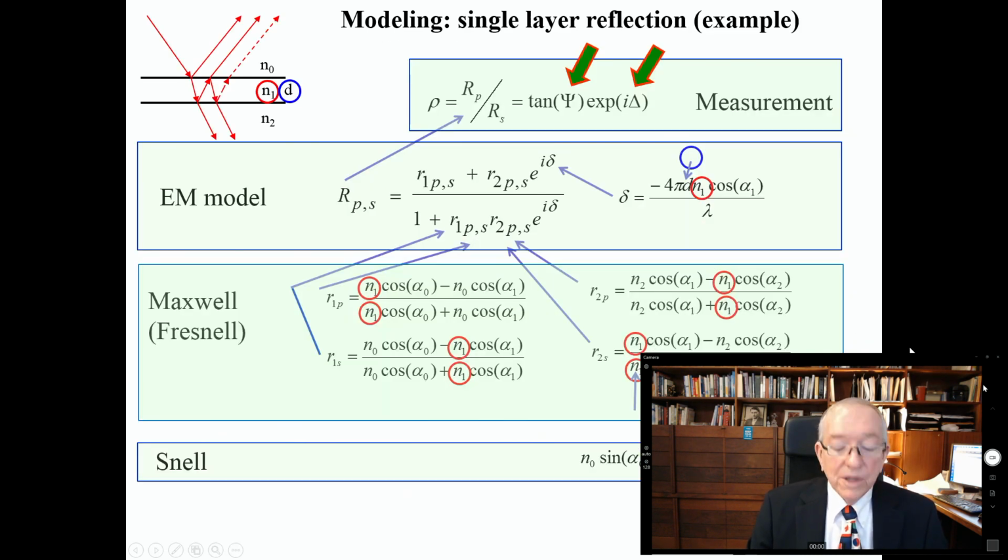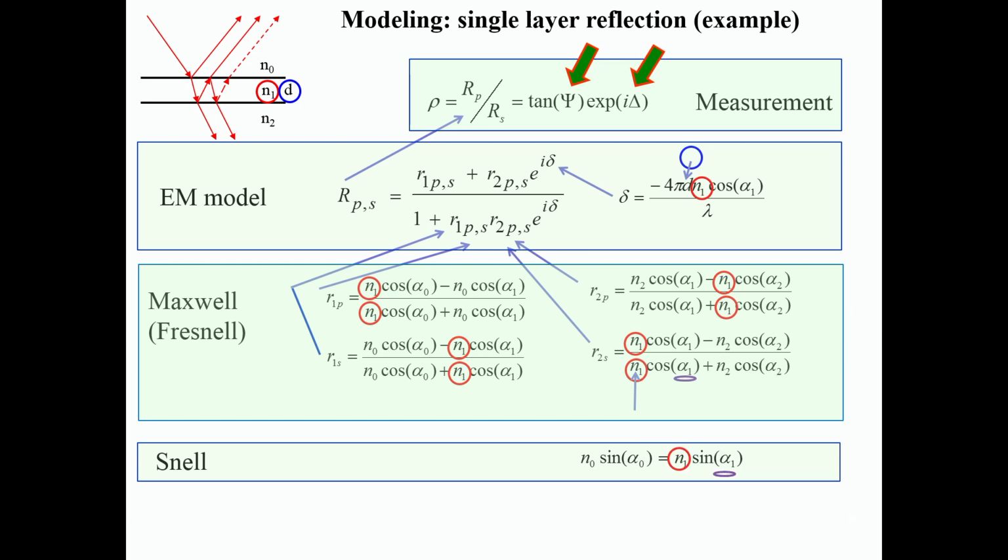So what are the equations in the mathematical model between the light incident and reflected and the materials involved in the reflecting surface? This is a schematic in the upper left of the reflecting surface. It shows the surrounding medium with an index of N0, which is air or vacuum, so it's going to be 1.